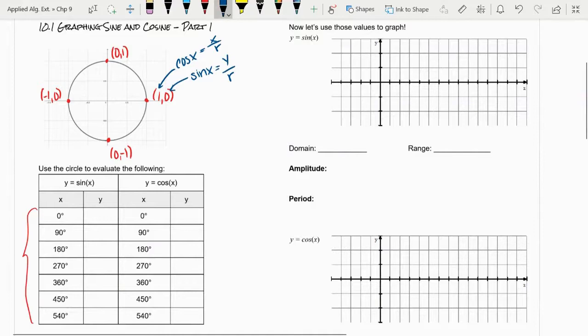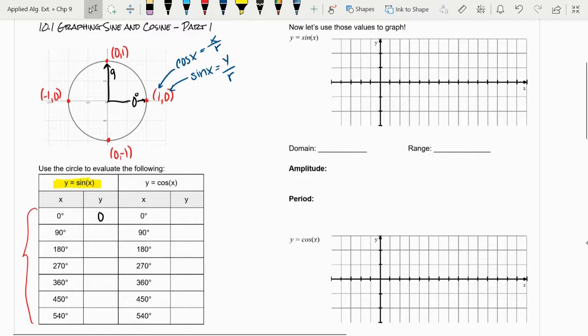So we're just taking essentially the x coordinate or the y coordinate for all the spots we want. So let's fill out our sine right here. So at 0 degrees, which would be this first point over here for our angle, right? 0 degrees.